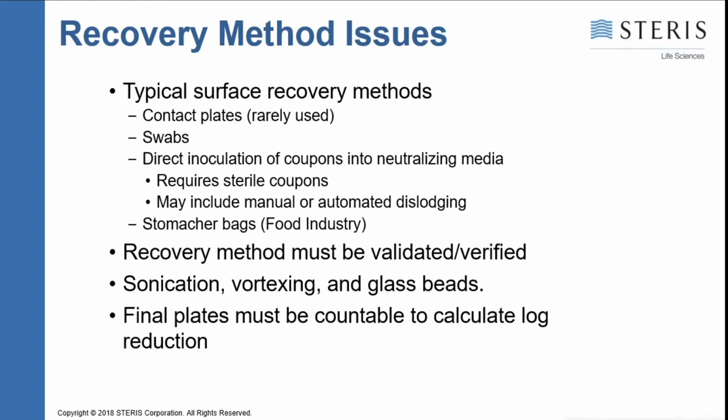The only problem you may get from that is the beads can also hit the top of the coupon. If that happens, you may get some killing of microorganisms that are on it. So just be aware of that. The final plates in your testing should be countable, so you can actually have a defined log reduction from your testing. So a quantitative test result.